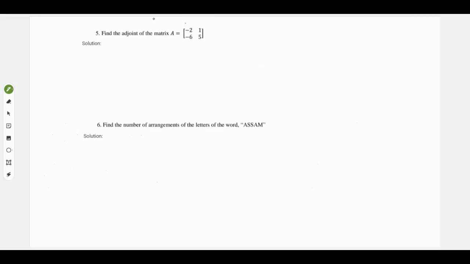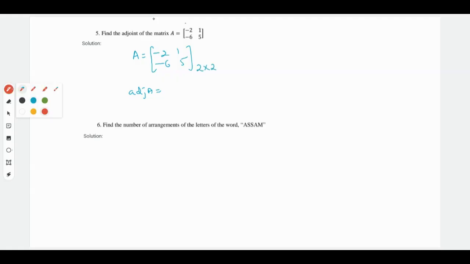Next question you have: find the adjoint of the matrix A. So how to find the adjoint? A is minus 2, 1, minus 6 and 5. To find the adjoint of A, it's very simple for a 2 by 2 matrix, 2 rows and 2 columns.